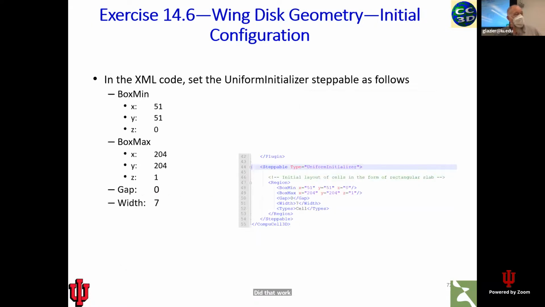And then create the simulation. Go to Twedit, go to the XML and change the box mid from 51 by 51 to 204 by 204. Okay, got that?